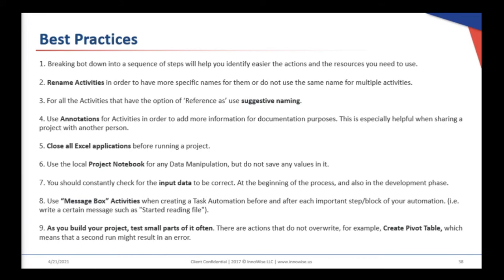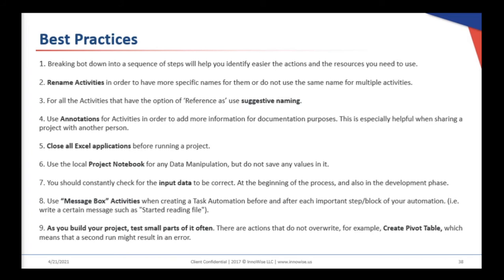Because if we print it in the message box, we can see whether that output is desirable or not, whether the activity is working the way we want, or whether we still need to make changes. So it's recommended to use it more, so that you do not have to navigate again and again through all of them.